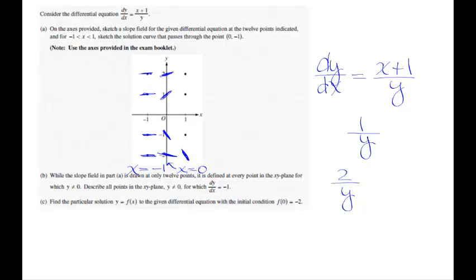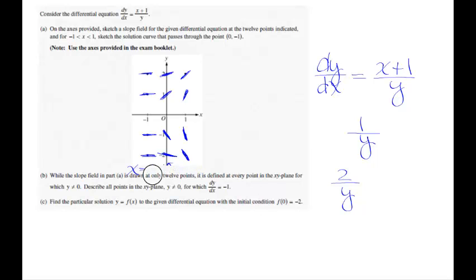At the point 1, -1, we have a slope of -2. At the point 1, 1, we have a slope of +2. And when y equals 2, we have a slope of +1. So again, not terribly time-consuming, especially if we look for trends.